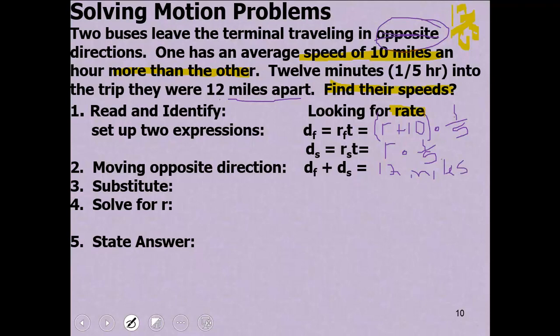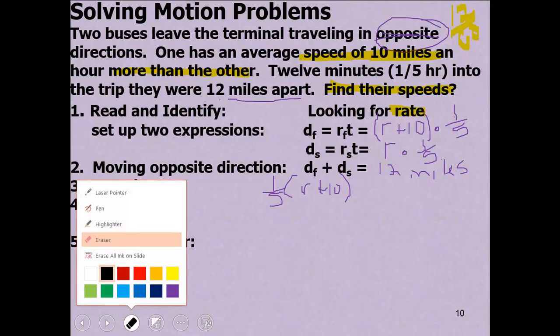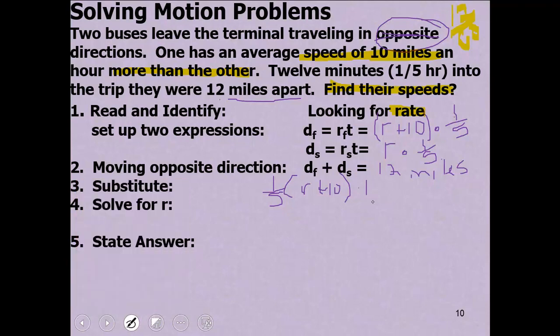Now we're going to substitute in our expressions. I have 1/5, again, I'm going to put my 1/5 up in front, (R plus 10), plus 1/5 R has to equal 12 miles.